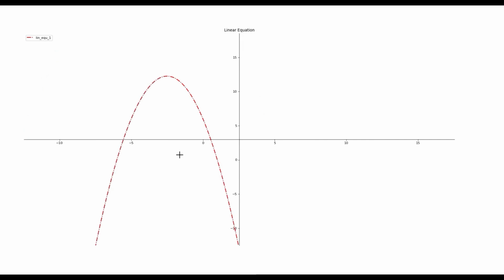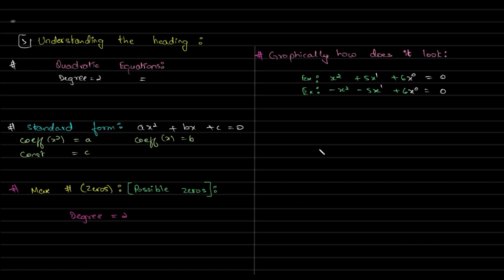And that is a possibility. Right? So it's either this or this, coming from one end of infinity and going back to it, or coming from negative infinity and going back to it, crossing the x-axis or touching the x-axis, or not touching at all.